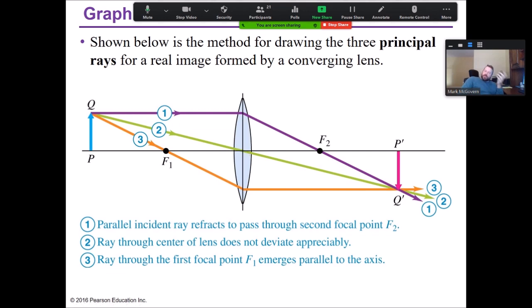But we're considering that our rays are thin, so that when the light goes through there, it effectively does not deviate at all. So you simply draw a straight line that goes from the top of your object through the center of the lens. These are very easy to draw. Parallel lines, you connect from the axis of the lens to the vertical axis here, to the focal lengths, and you have one that goes right through the middle there. 3 rays, not 4, 3.